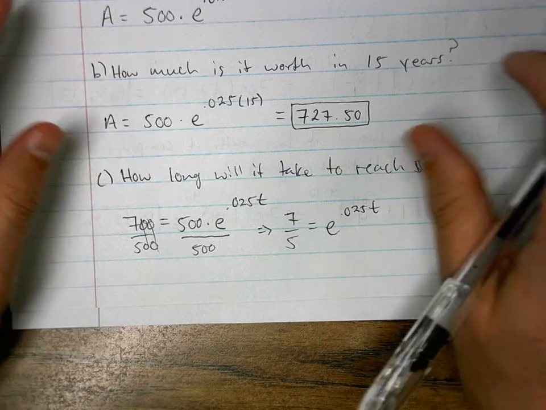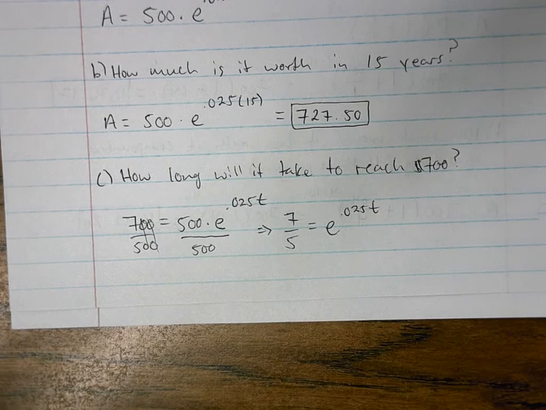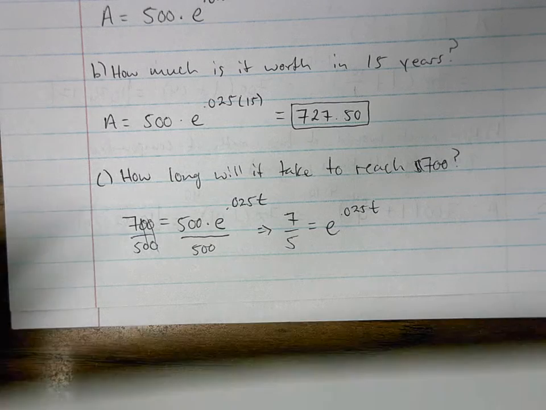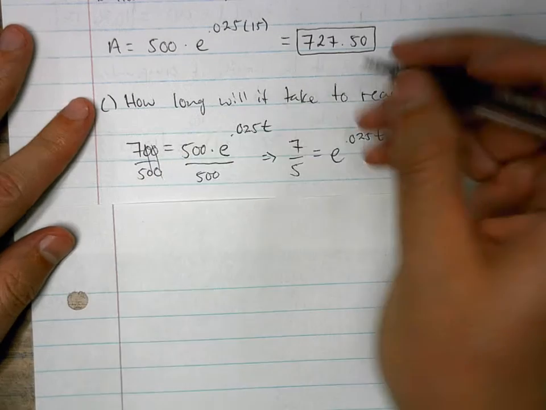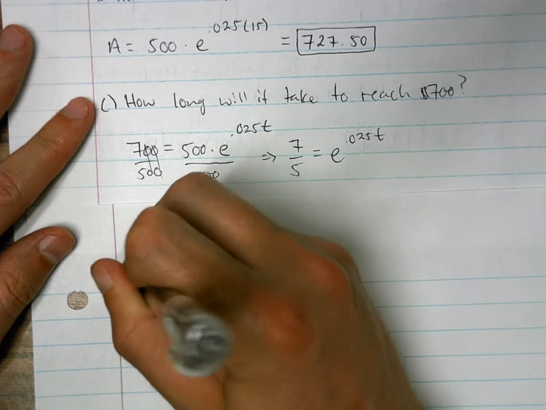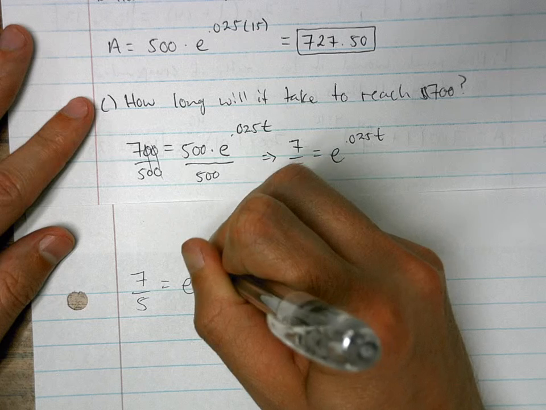I'll go to a separate sheet of paper. I have a feeling this will get ugly if I kept trying to do that. So I got 7/5 equals e to the 0.025t.